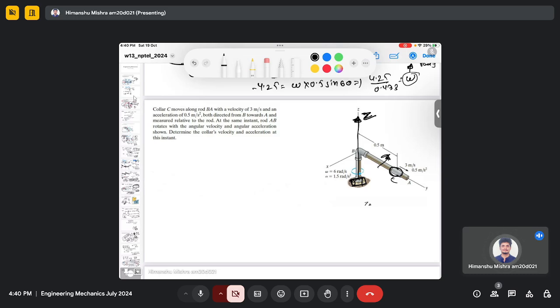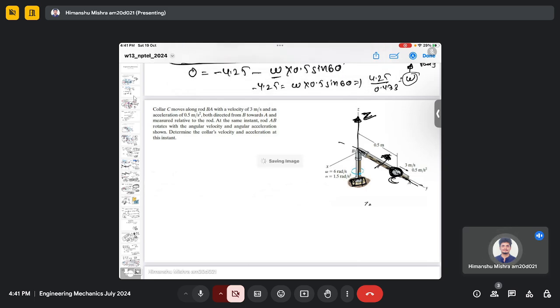So your coordinate system is moving, and you need to find the velocity of a component which is placed on a coordinate system which is rotating. So here you need to find the velocity of collar C, which is placed in a coordinate system which is rotating. This coordinate system is aligned with AB, and this AB is rotating, which means this coordinate system is rotating, and the collar C is actually placed in that rotating coordinate system.